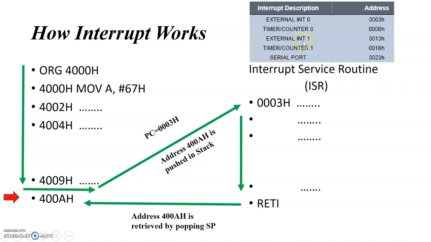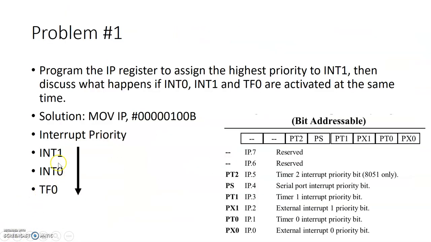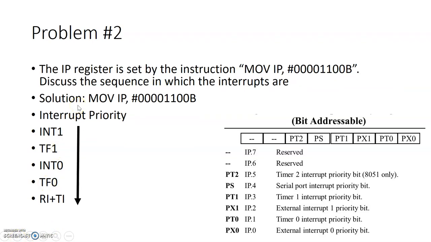So if we make INT1 the highest priority, it will come above INT0, then INT0, and then TF0 comes next. That is why you could see here that INT1 is the highest, then INT0, and then TF0.